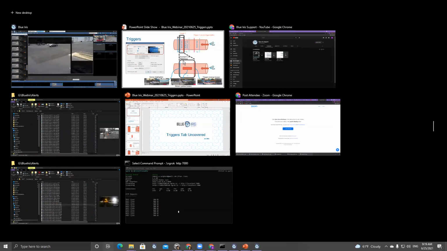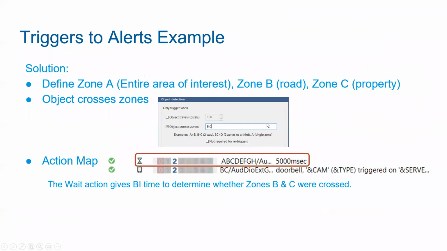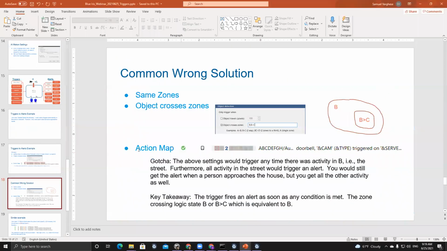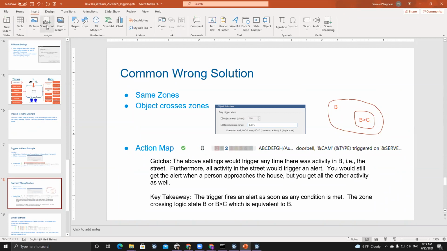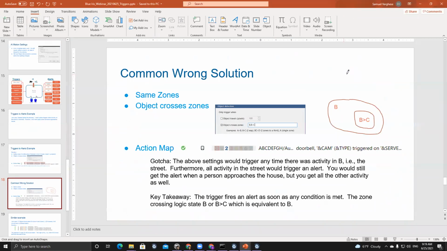So if you had a zone B, I'll just draw on this PowerPoint, and you had a zone C, right?